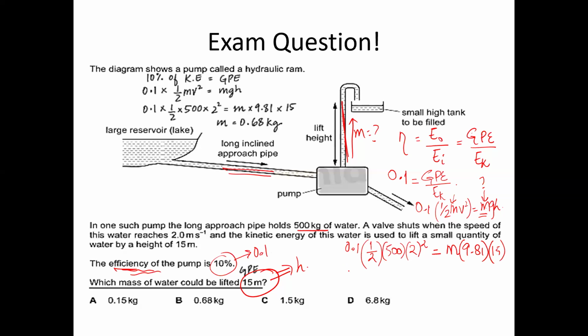So after solving this whole relation, can anyone help me? I do not have the final answer written here. If we just multiply this whole part and if we multiply this right-hand part, what are we left with as a mass? The mass, as per Javaria, is going to be 0.68.